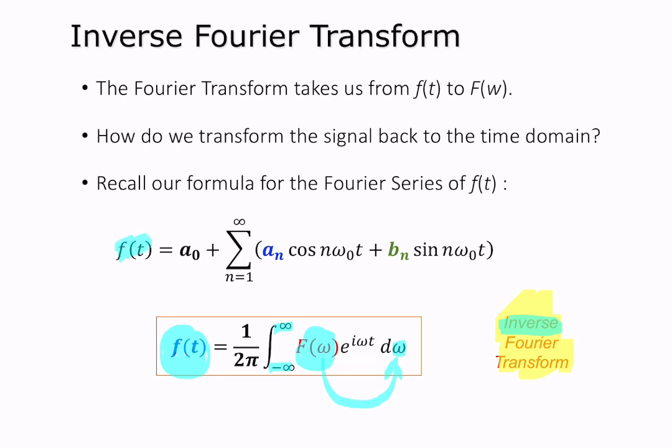And that might remind you of the expression for f of t for the Fourier series, where we had the same kind of thing, but instead of integration, we had a summation. And the cosine and sine, that really is your e to the i omega t.